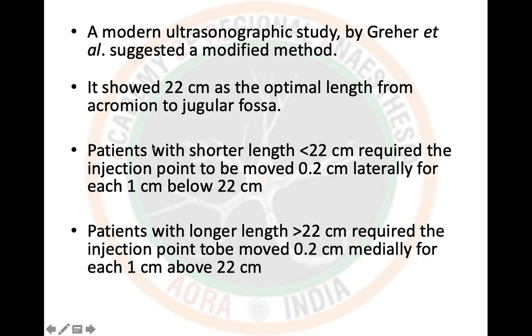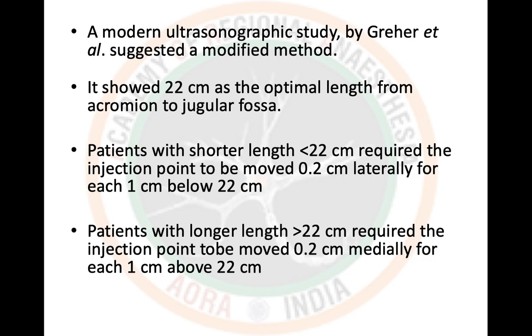But if the patient is shorter, length less than 22 centimeter, then you require some modification. Then you have to move 0.2 centimeter laterally for each 1 centimeter below 22 centimeter. So suppose it is 20 centimeter, you have to go 0.4 centimeter lateral to the midpoint. So mark a point at 10 centimeter, go 0.4 centimeter lateral to it, and insert the needle.